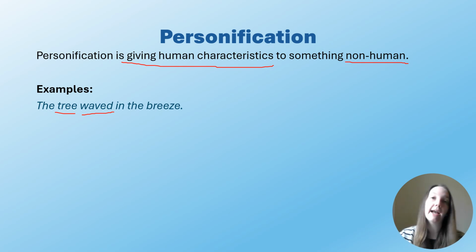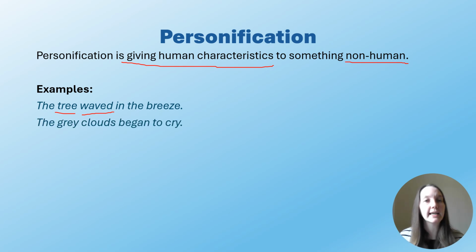It just personifies it, makes it sort of feel like it's more alive, okay? So a lot of writers will use these amazing techniques, so just be mindful of that. We've got another one here. So we've got the grey clouds began to cry. So the grey clouds, okay, clouds, they're non-human, began to cry. Okay, that's something that we do. The writer could have just said the grey clouds poured down, right? Or it rained.